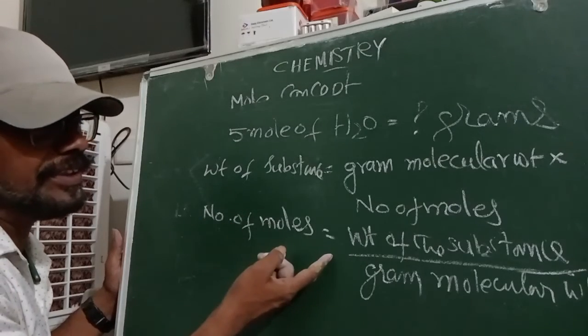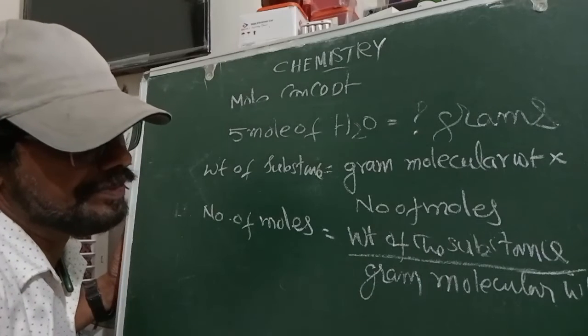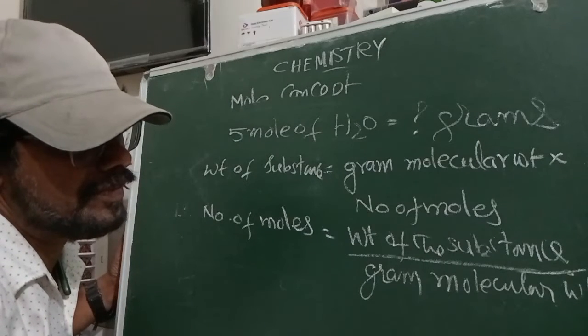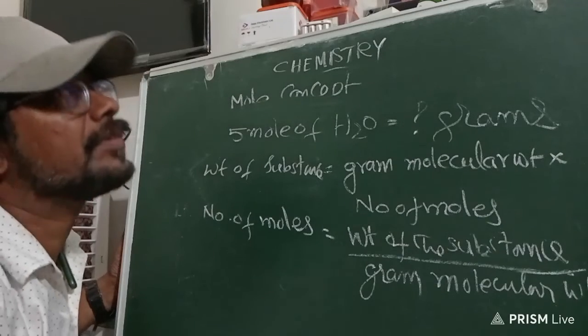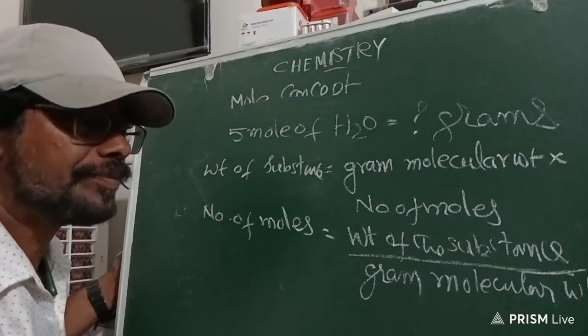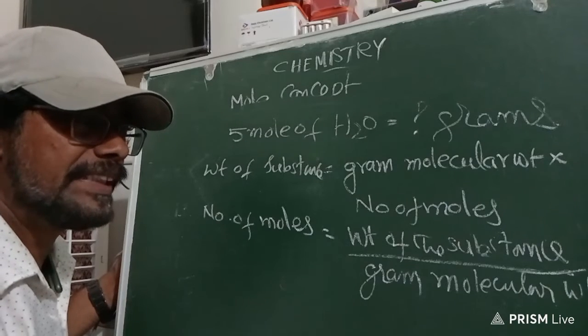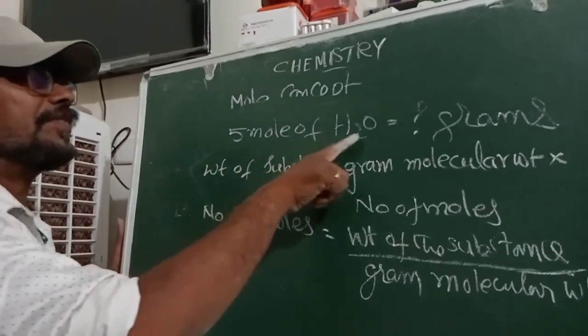The number of moles is equal to weight of the substance by gram molecular weight. Understand? Here 5 moles of H2O is how much?